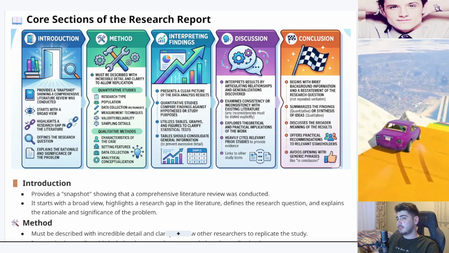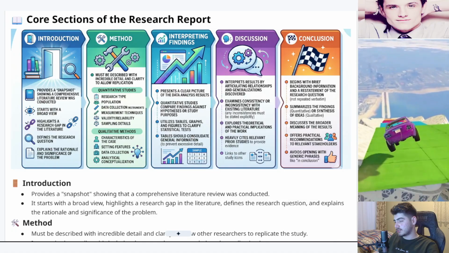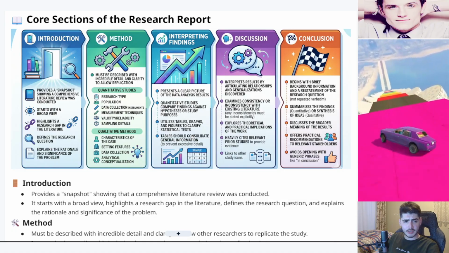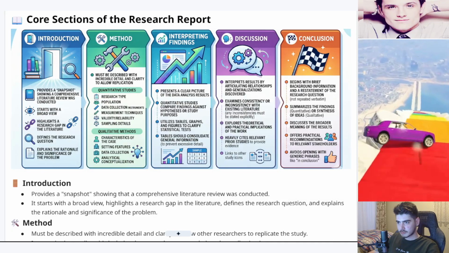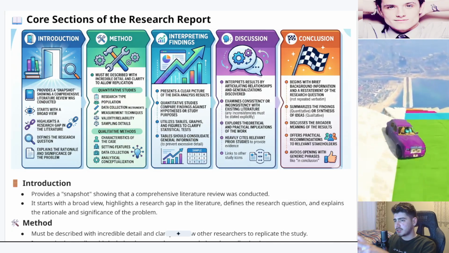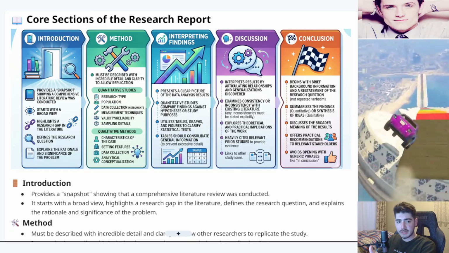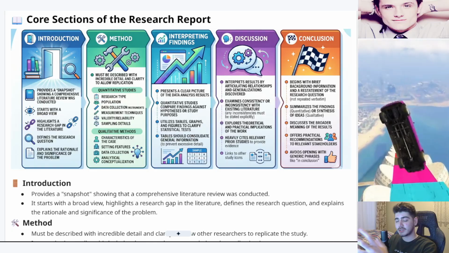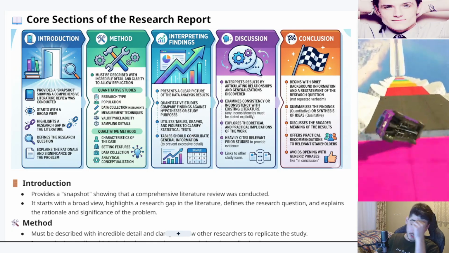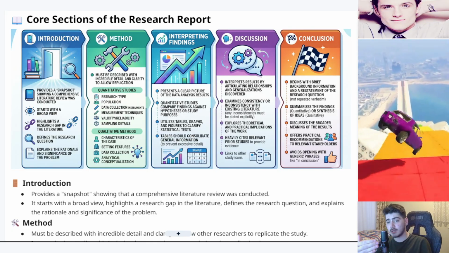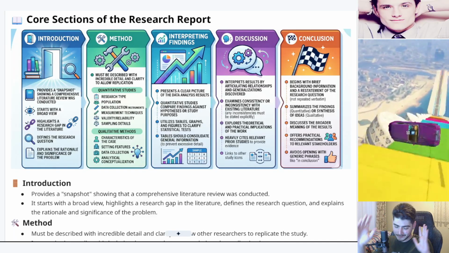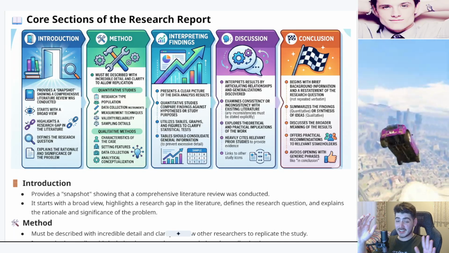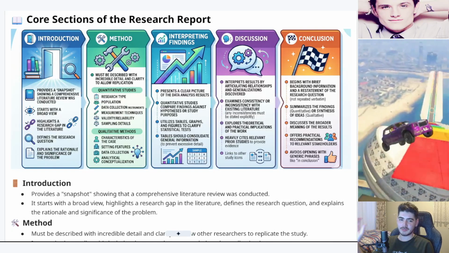As we talked about, introduction, method, interpretation, discussion, conclusion. Let's start with introduction. So, the introduction provides us with a snapshot showing a comprehensive literature review has been conducted. So, when the viewers look at our paper, they can see, okay, this guy knows what he's talking about.